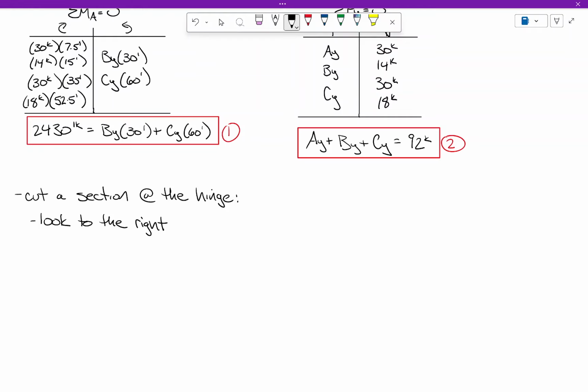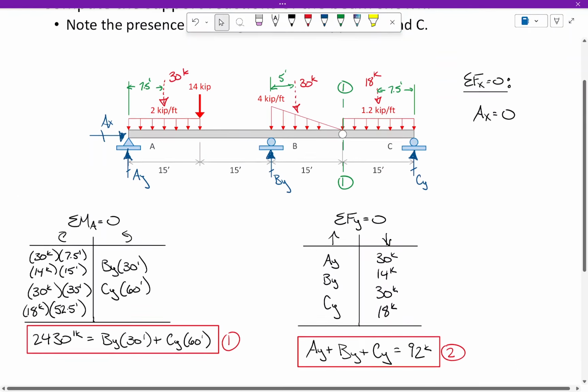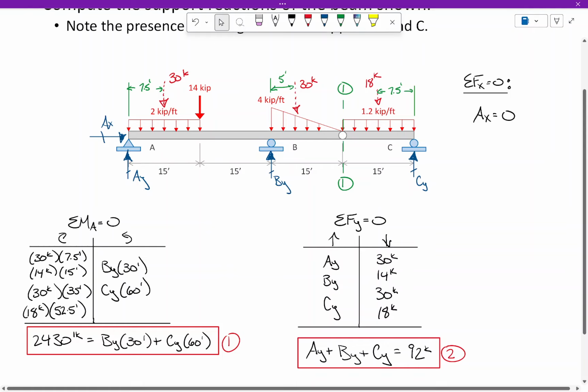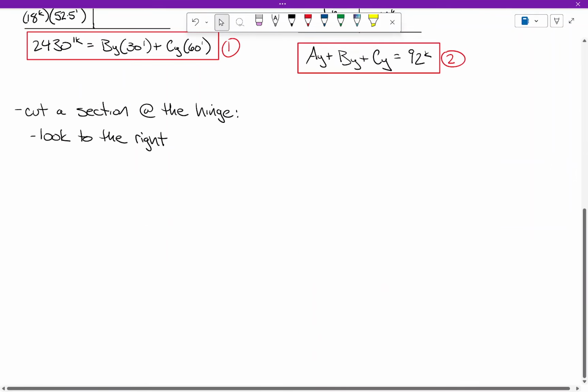What that means is, imagine I took this eraser and erased all of this. I'm going to redraw everything over here, and that's all I'm going to look at from here over. So what does that look like? Well, it looks like this.